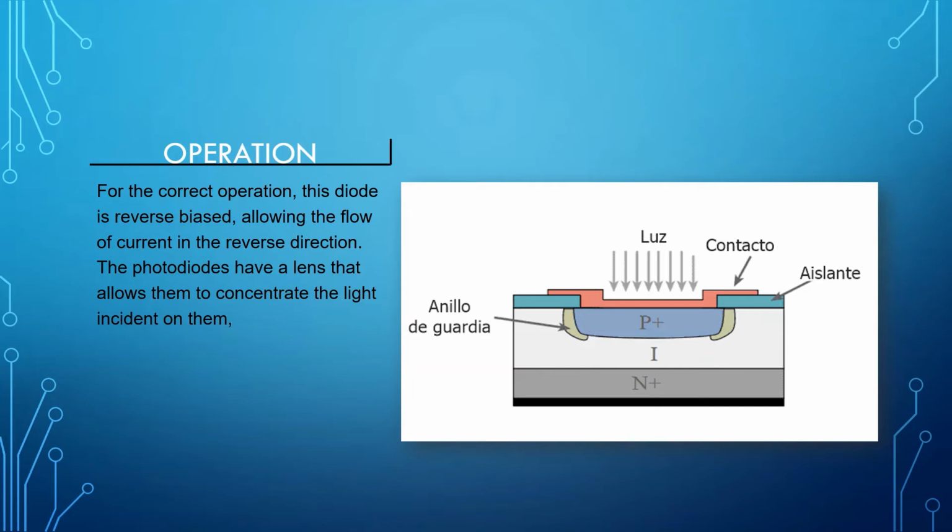Thanks to this, when the incident light is of sufficient energy, it can move an electron, generating a continuous movement of other electrons and allowing the creation of positively charged holes. Therefore, the greater the intensity of the light hitting the photodiode, the greater the current flowing. Here we can see a picture that reveals the structure of a photodiode.